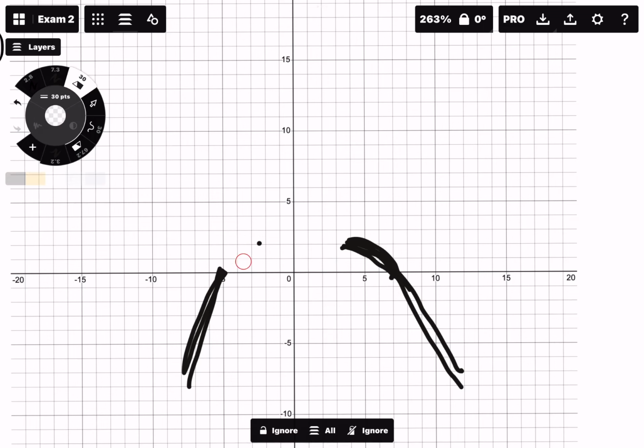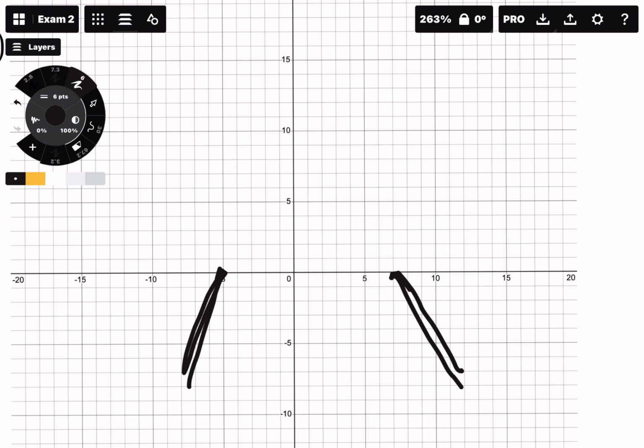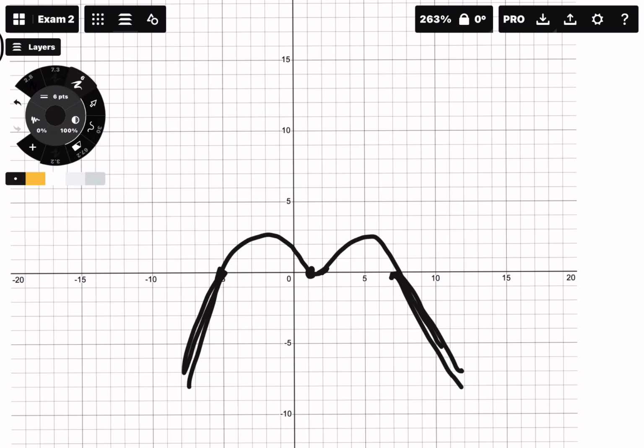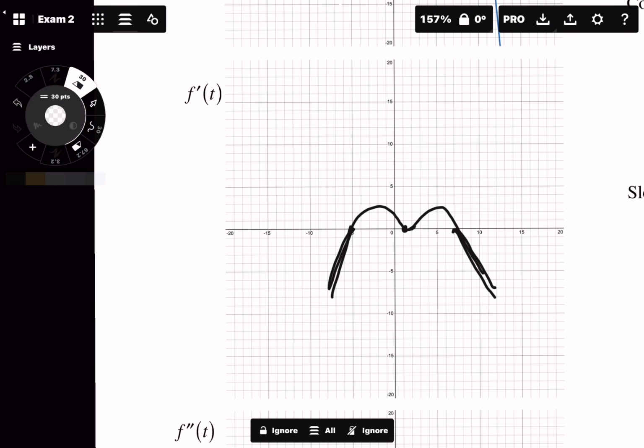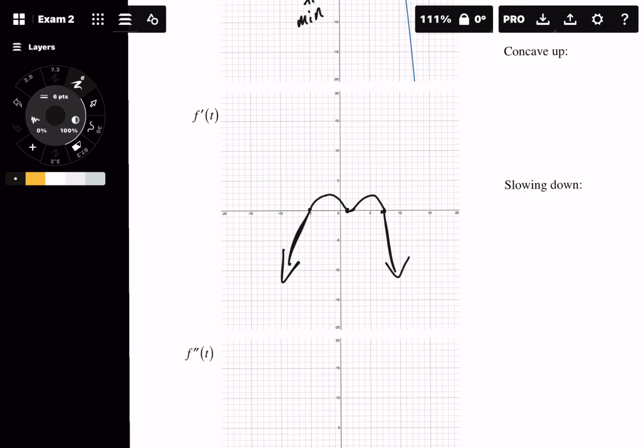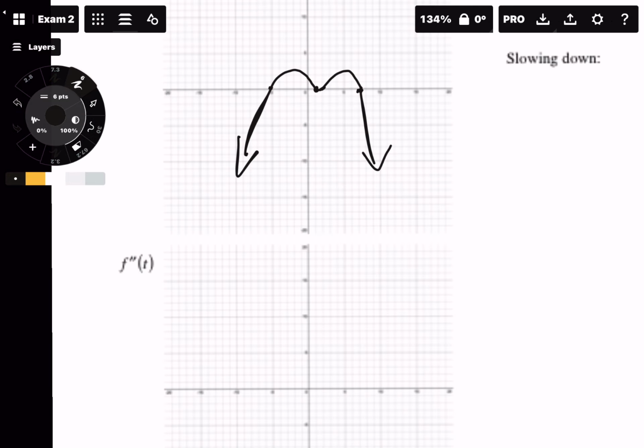Let me retry this one more time. Okay. That looks a bit better. And then let's rewrite this since it's a bit thick. Alright, that looks perfect.